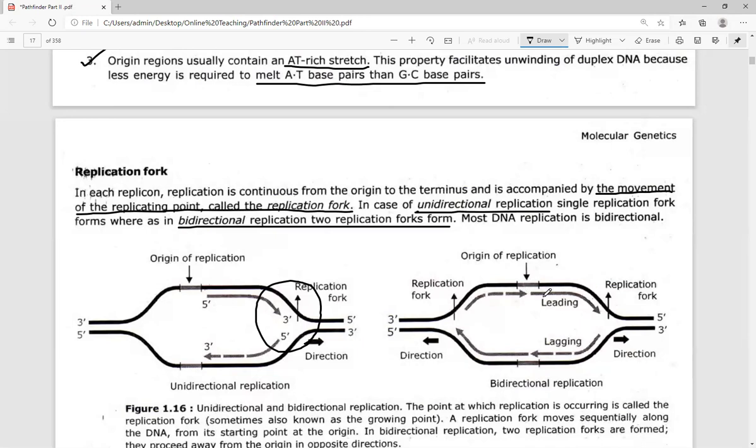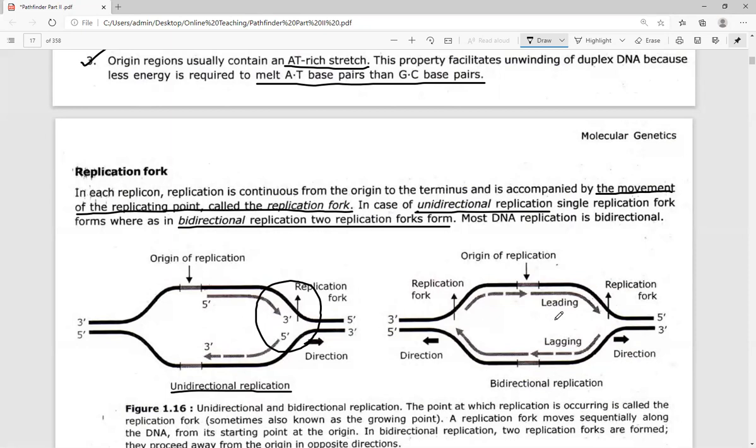Okay. Now, when you look at a single replication fork, this is referred to as a unidirectional replication fork. A replication fork which is produced only in a particular direction from the origin is referred to as a unidirectional replication fork.